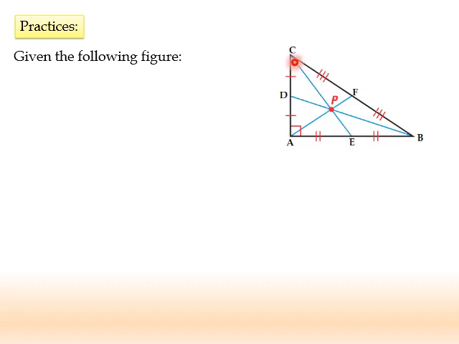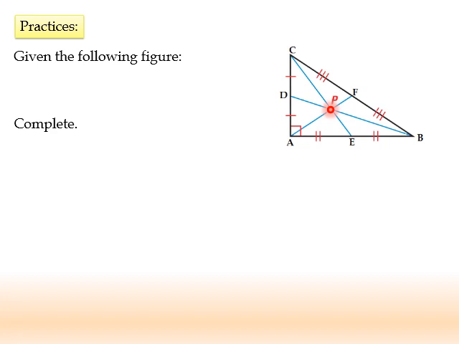And each one of the vertices is joined to the midpoint of the opposite side. So here CE is a median relative to AB, AF is a median relative to BC, and BD is a median relative to AC. And since P is the point of intersection of the three medians, then P is called the centroid or center of gravity. Okay, that's the given. That's how I read the figure.